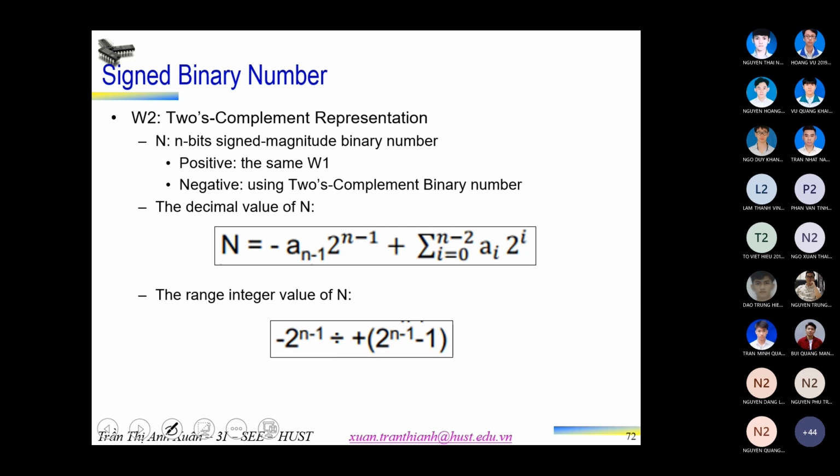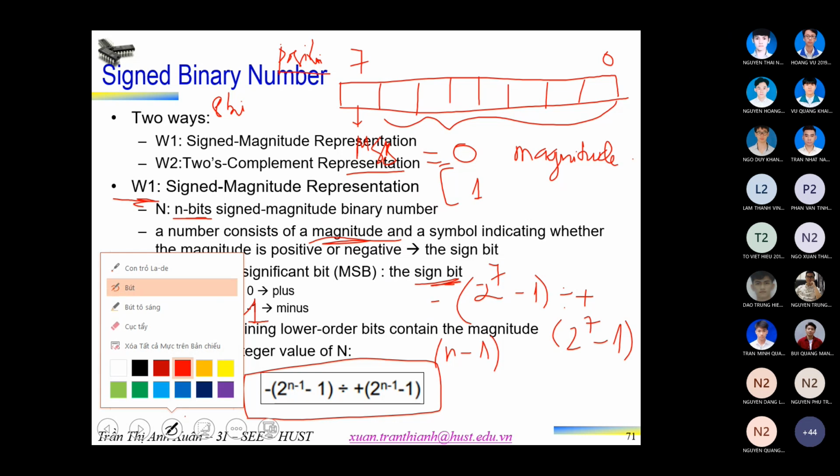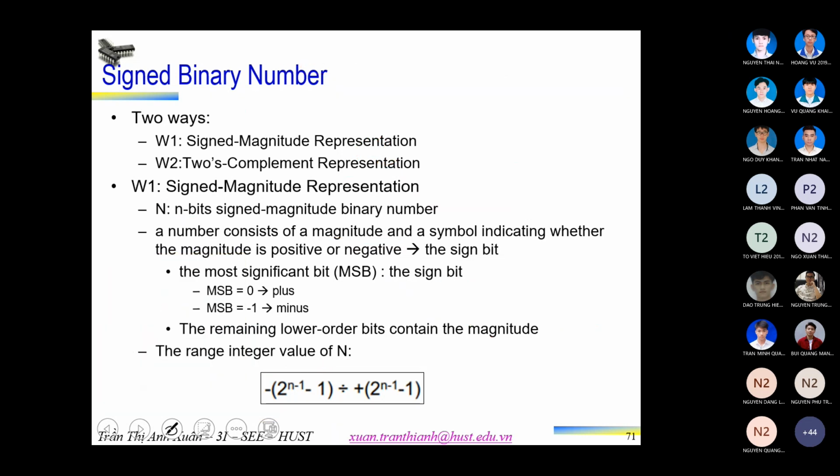For example, we can see plus 5 and minus 5. The binary value of decimal 5 is 101.